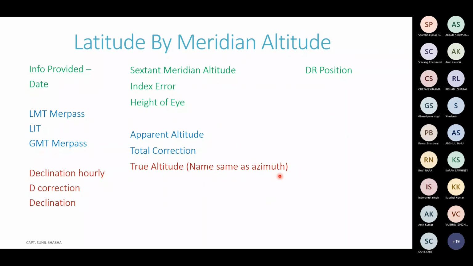The naming of altitude is done here just as a shortcut method to find out how the true altitude is to be combined with the declination of the body. So as I proceed further, I will tell you the true altitude has to be combined with the declination of the body.